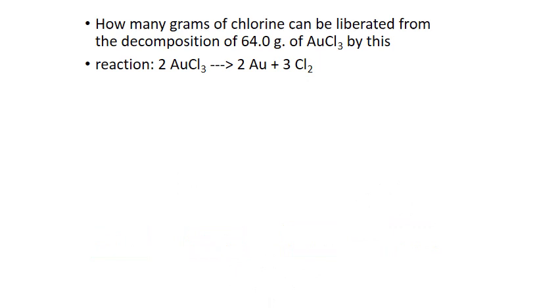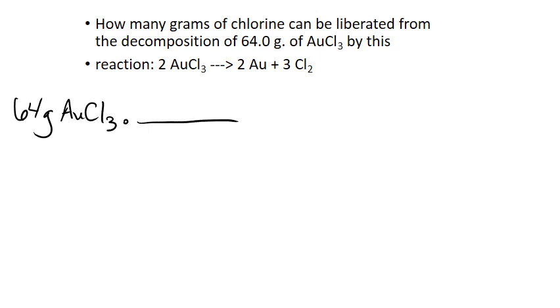So here's our first example. How many grams of chlorine can be liberated by the decomposition of 64 grams of gold chloride? We're going to start right here: 64 grams of gold chloride.